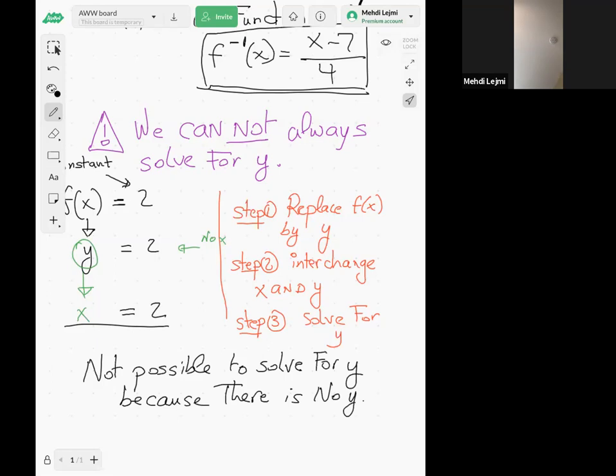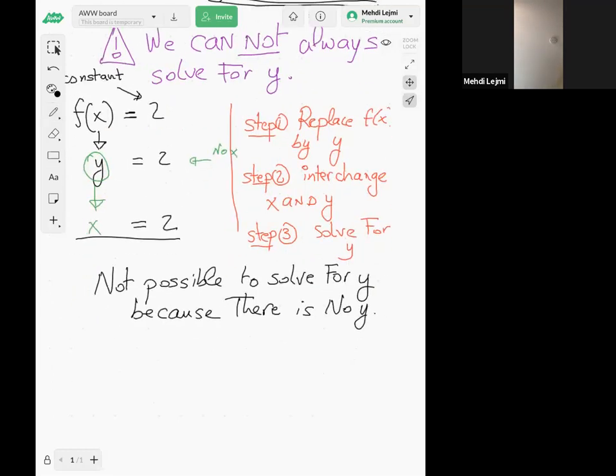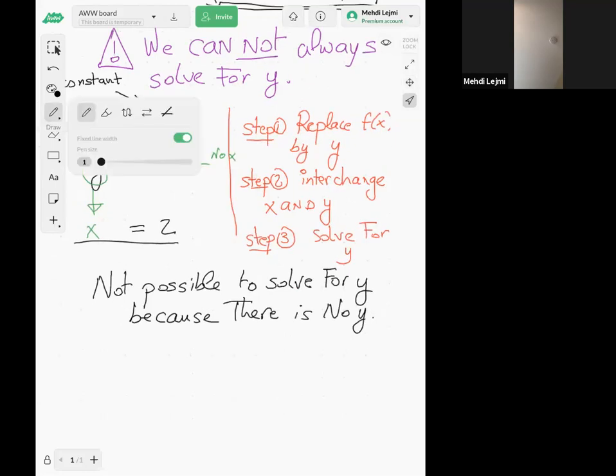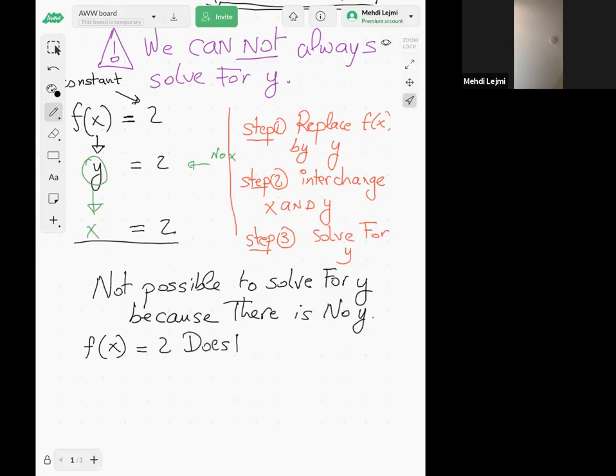Another example is when your y is not a function. So this f of x equal to 2 does not have an inverse, because we cannot solve for y.